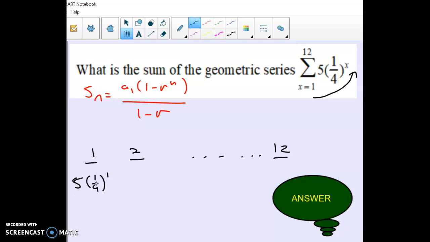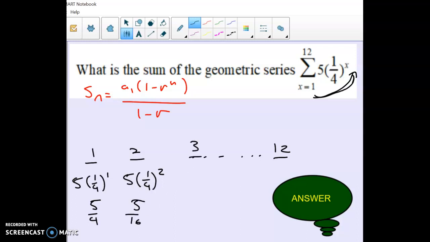Okay, and so that would be 5 times a fourth, and I think that's just 5/4. And then a sub 2, so if we put 2 in for x, it would be 5 times 1/4 squared. All right, and so when you multiply by a fourth again, so this is going to be like 1/16, so I think this is going to be 5/16.